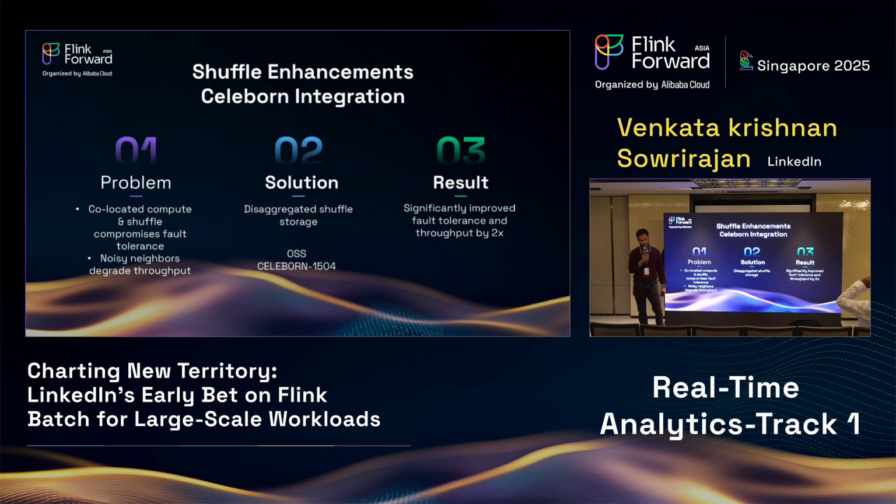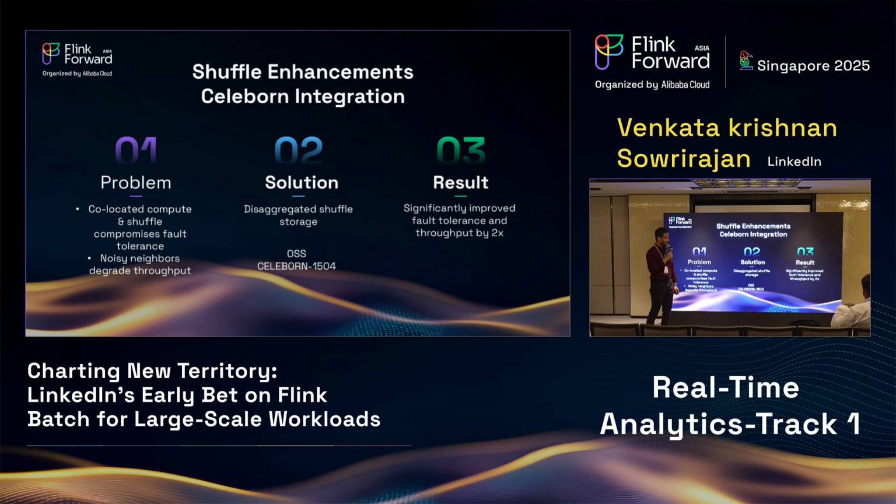Out of the box it had support for both Flink and Spark, even though we still had to add support for Flink 1.16 at that time. It greatly improved the overall fault tolerance, and in this case it also gave a throughput improvement of up to 2x.